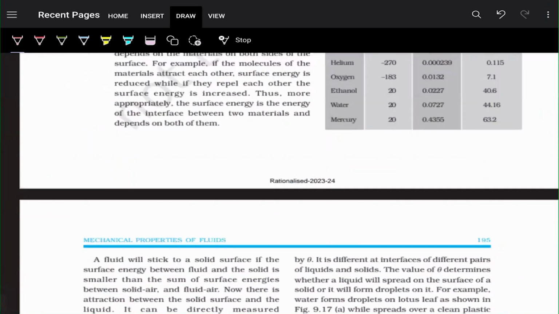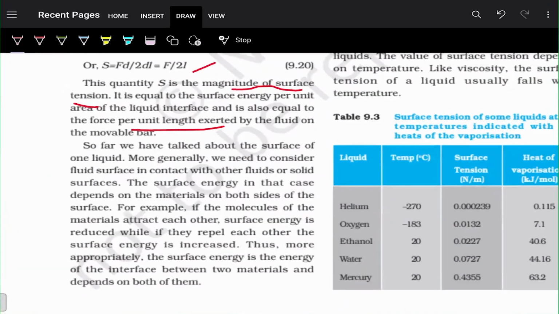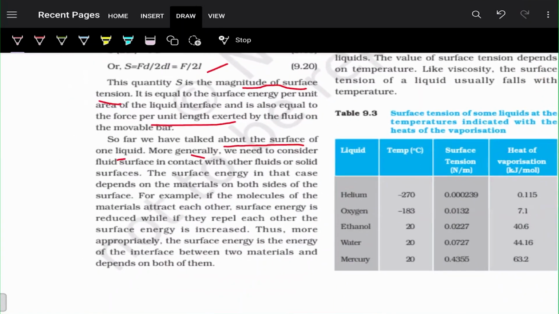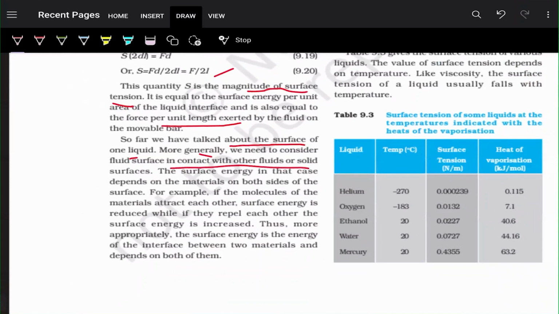So far we have talked about the surface of one liquid. More generally, we need to consider a fluid surface in contact with another fluid, or solid surfaces. The surface energy in that case depends on the materials on both sides of the surface.